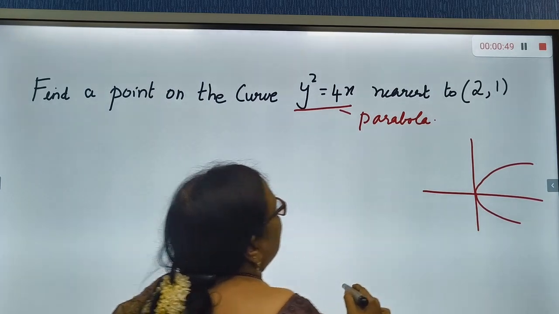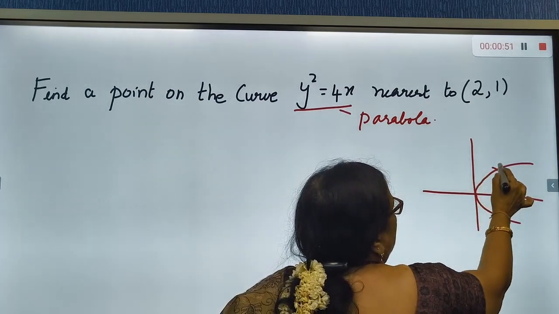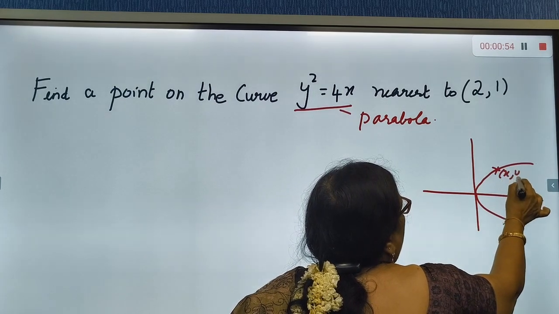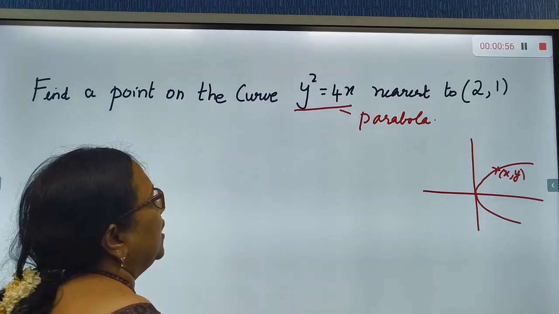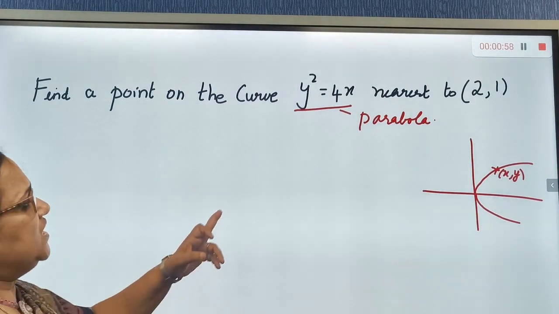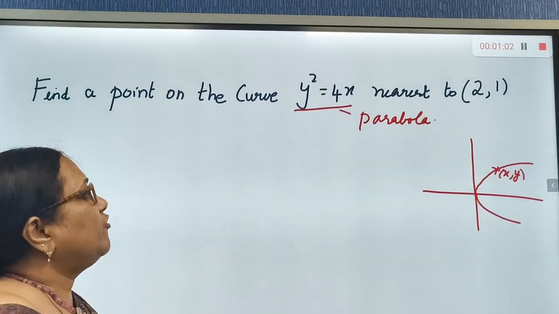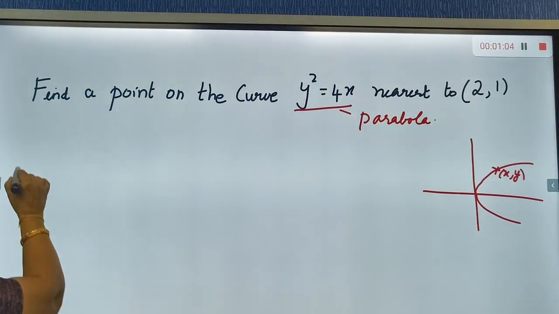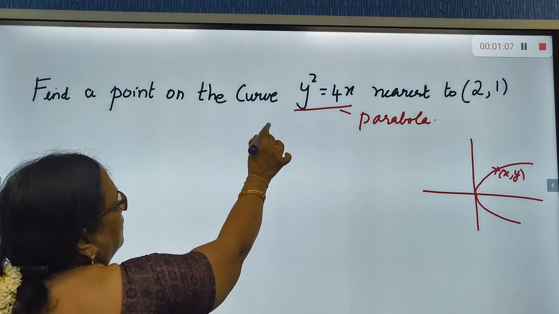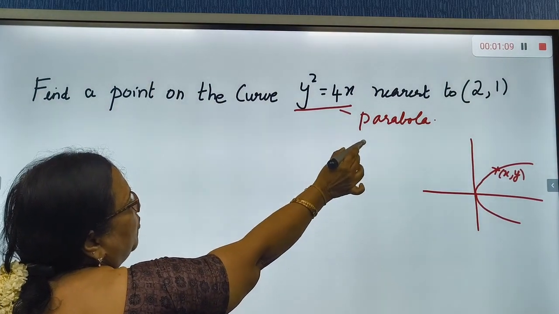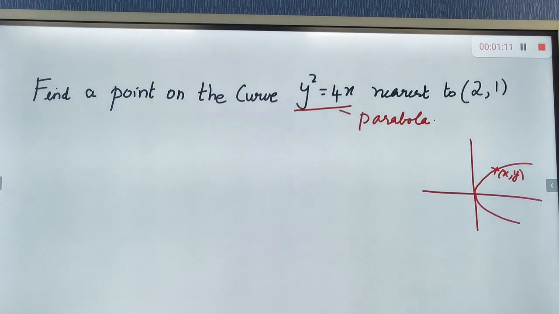So you have to take any point, let me take any point x, y on the parabola and assume that it is nearest to 2, 1. And then we will find out what sort of point it is. So let x, find a point on the curve whose distance from the point 2, 1 is minimum. Nearest means what? Minimum distance.